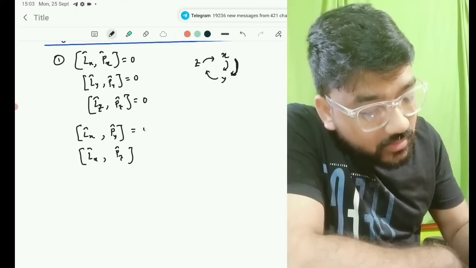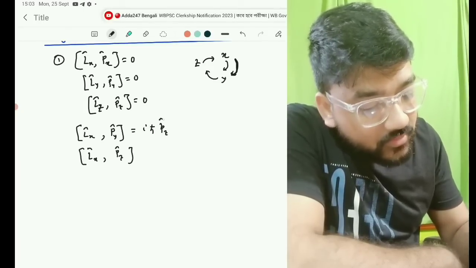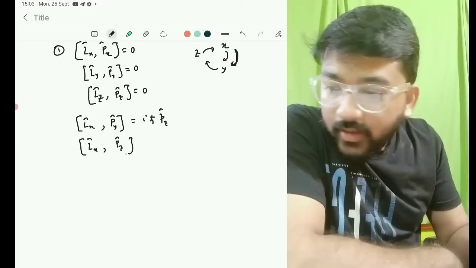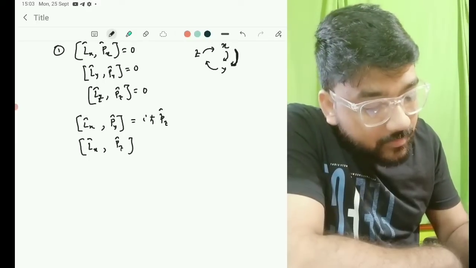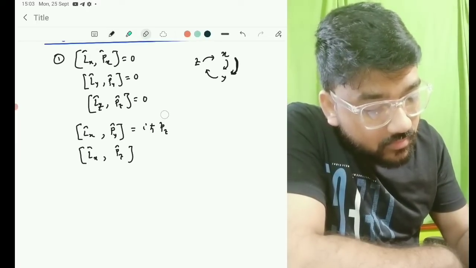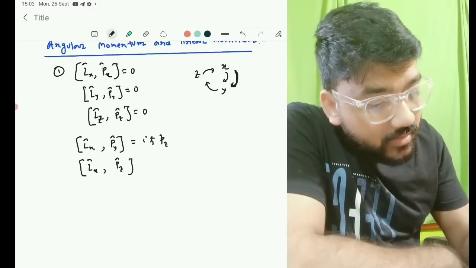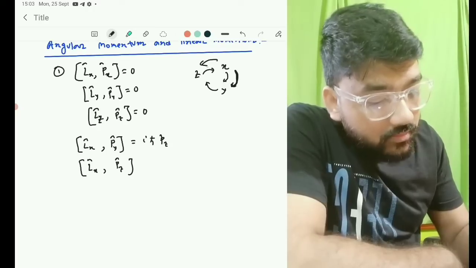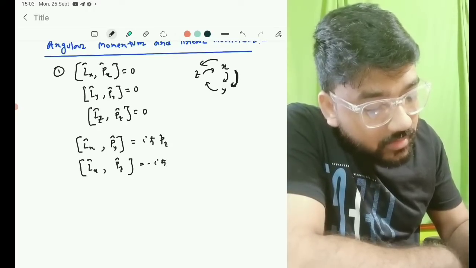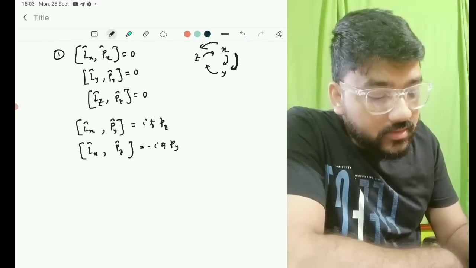So x to y, that will be i h cross Pz. Similarly, Lx and Pz: x to z is anti-clockwise, so it will be negative, minus i h cross, and since x and z are available, it will be y. This is how you can write.